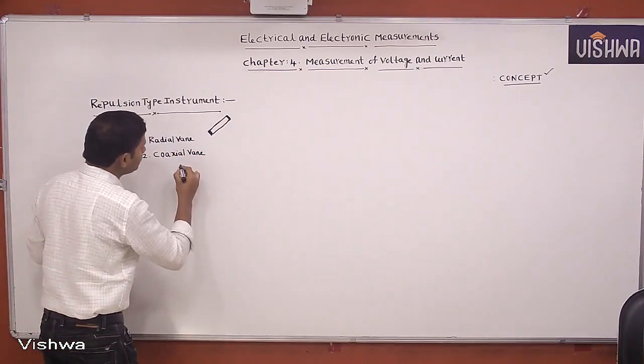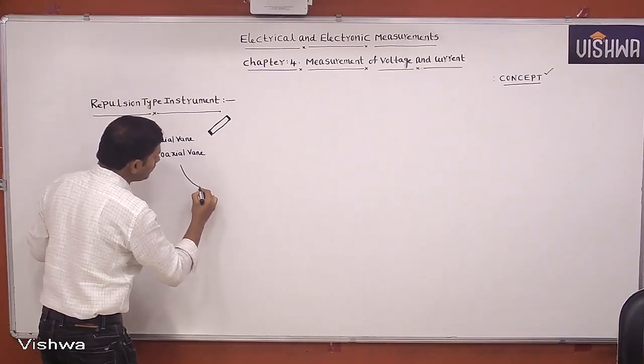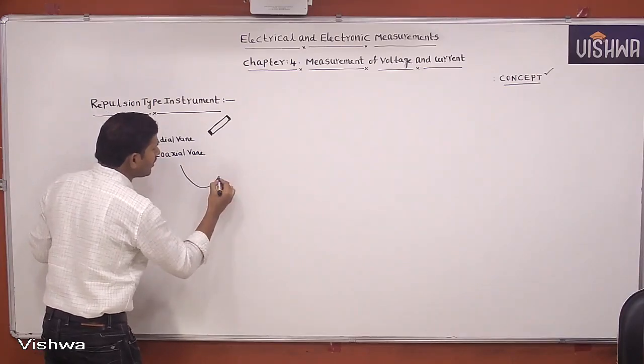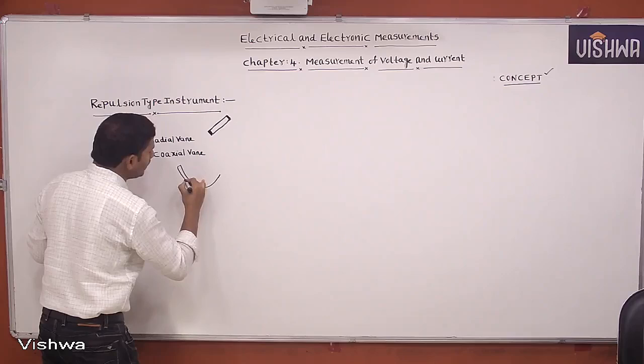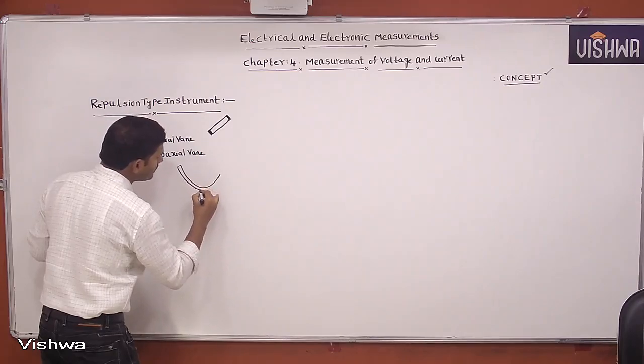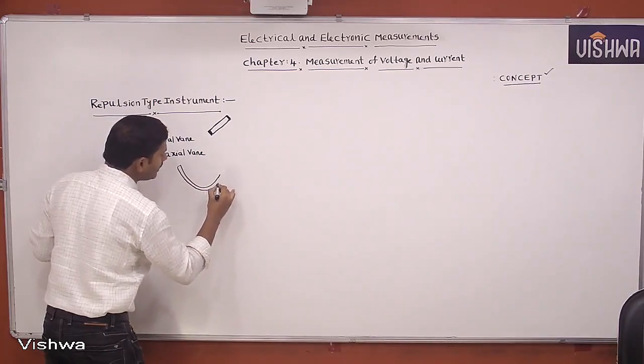Coaxial vane means this is the shape of the iron piece. It's just like cylindrical sections. If you use this type of iron piece, then it is nothing but a coaxial vane.